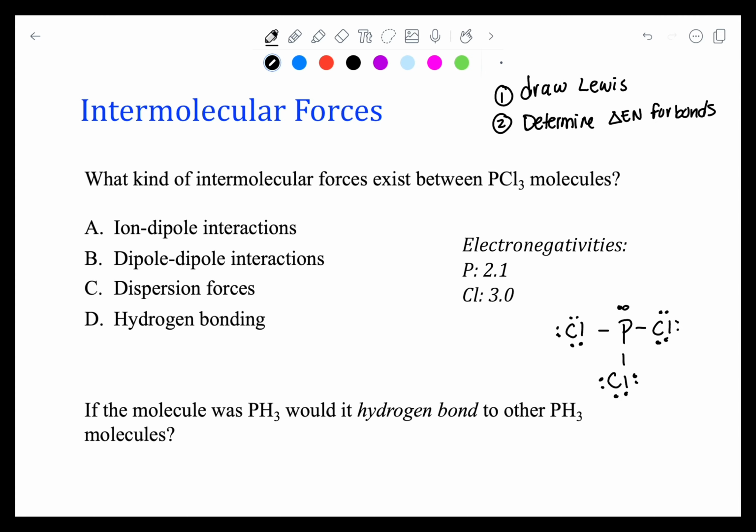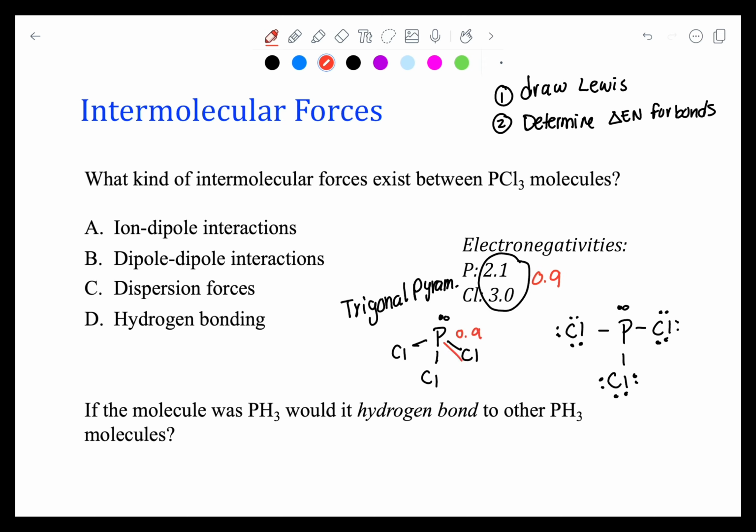So we have PCl3, with 3 bonds and 1 lone pair. Let me see if I can draw this a little more lifelike. The molecular geometry is trigonal pyramidal, so it's an out-of-plane triangle. The difference in electronegativity for the bonds is 0.9, so these are polar bonds.